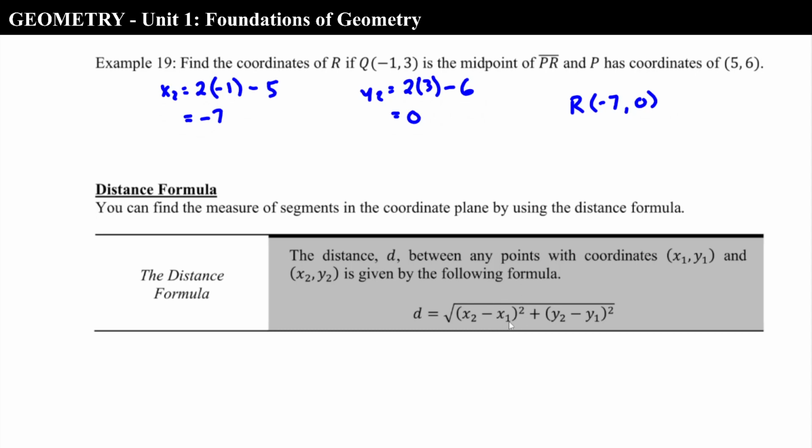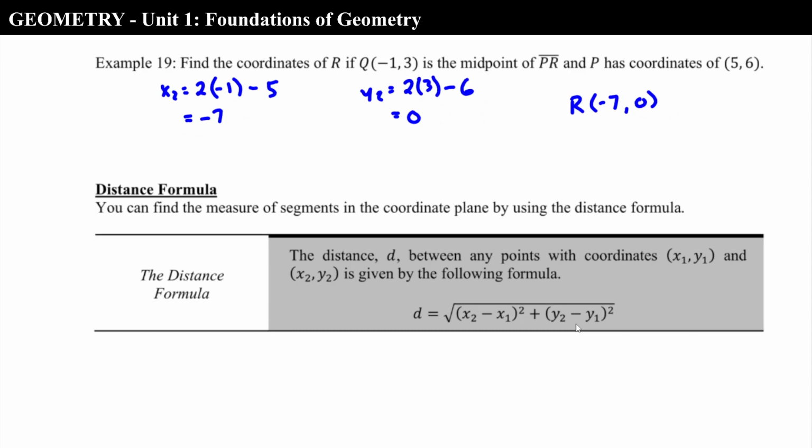A lot of this comes from right triangles and things of that nature. We'll be discussing that more toward Unit 4, 5, and 6 when we do triangles. For now, this is the distance formula. It is the square root of the difference of our x-coordinates squared plus the difference of our y-coordinates squared. Okay? So this right now is a formula that you mainly just need to know.